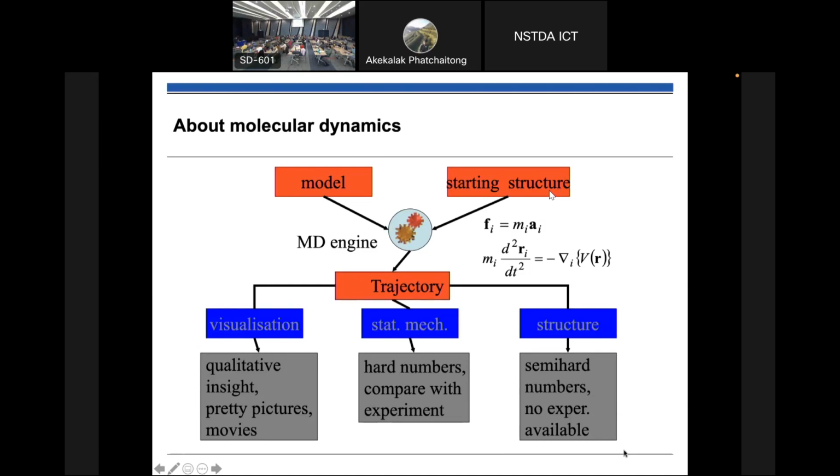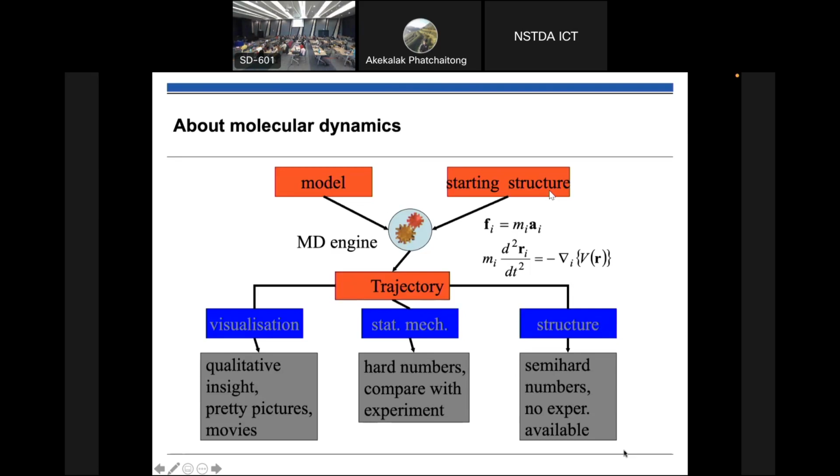Or let's say you have a protein where one of the domains is moving a bit, you can already visualize that if you have maybe a microsecond worth of simulations. Second, you can do StatMech, statistical mechanics, which is very important. You calculate, using statistical mechanics, the hard numbers, like the density of the system.